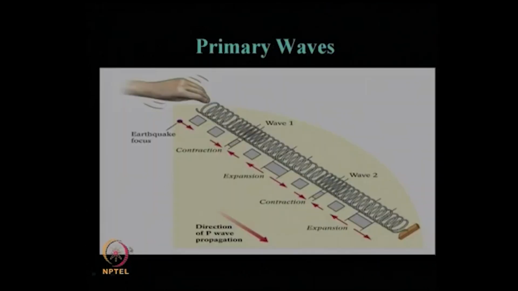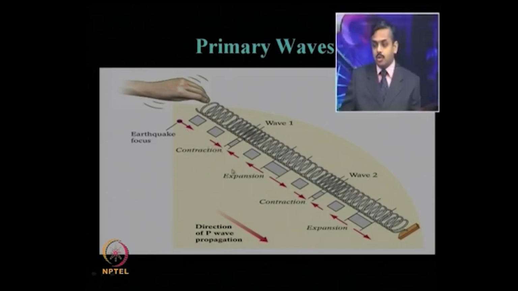As we have already discussed about the body waves, the primary wave or compressional wave, we have mentioned that it passes through successive contraction and expansion in the particles of the medium through which it travels. This is the direction of P wave propagation, and you can see over here, if this point is the earthquake focus, subsequently we will have at some location contraction, some location expansion, again contraction, again expansion.